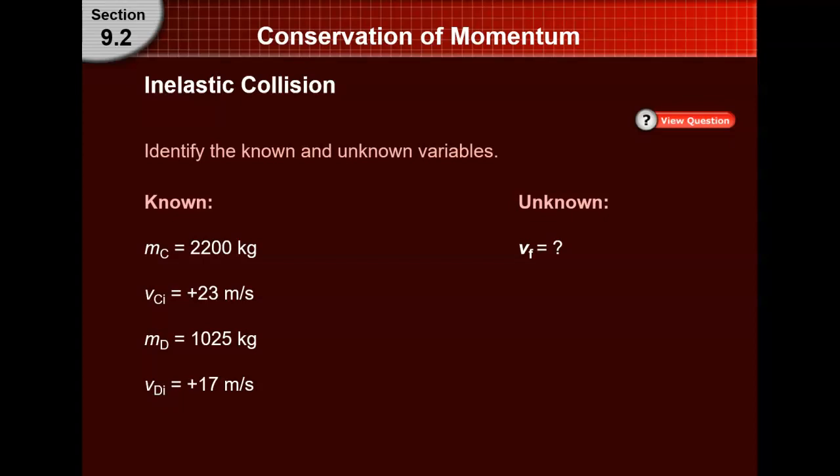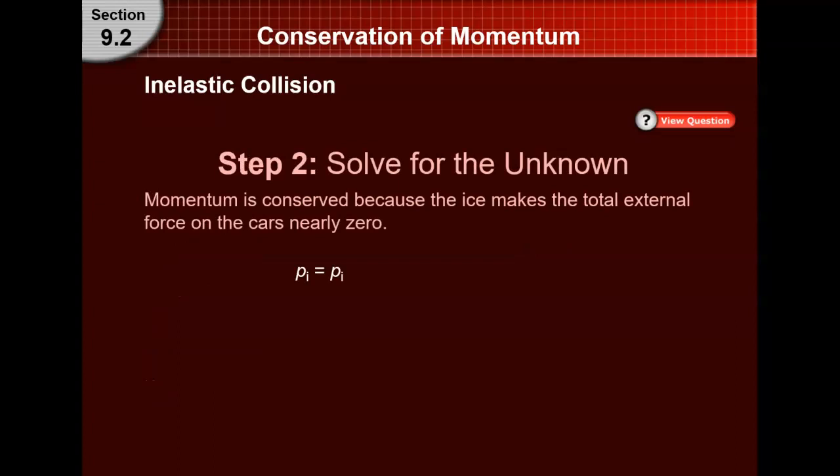The momentum before and after needs to be the same. So the mass of the car times its initial velocity plus the mass of the other car times its initial velocity needs to equal the mass of one car and its final velocity plus the mass of the other car and its final velocity.